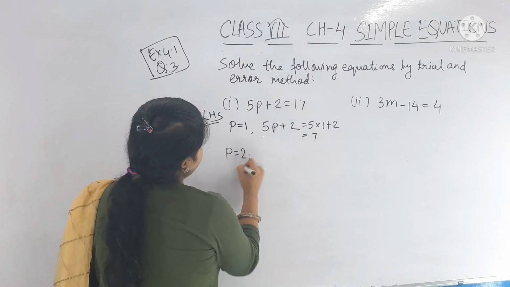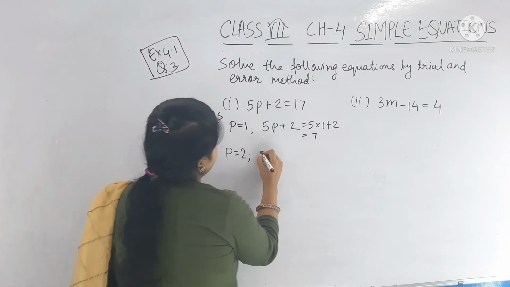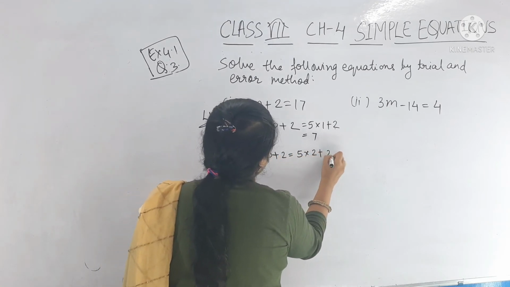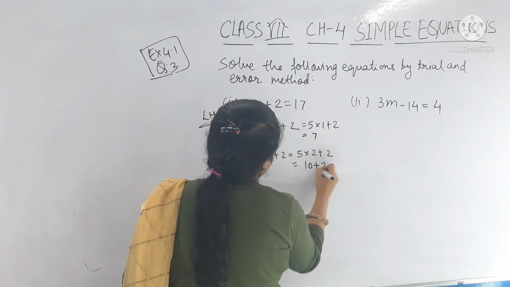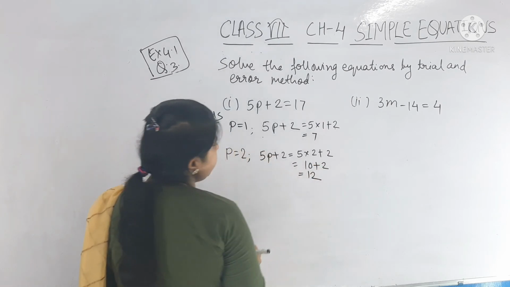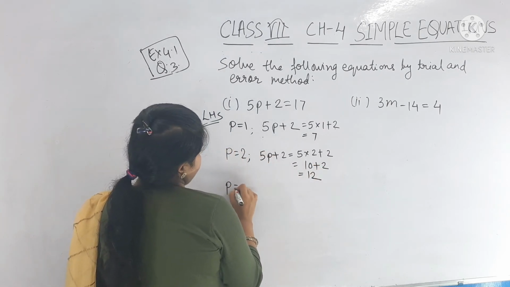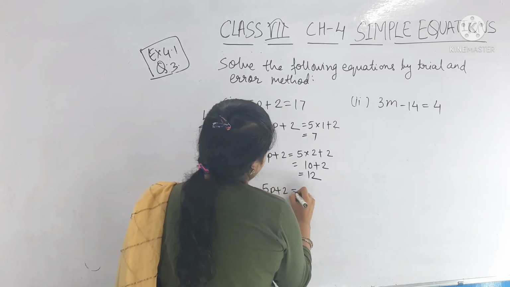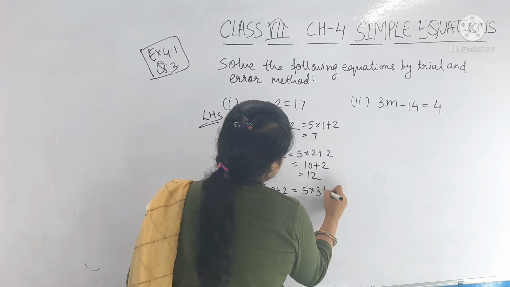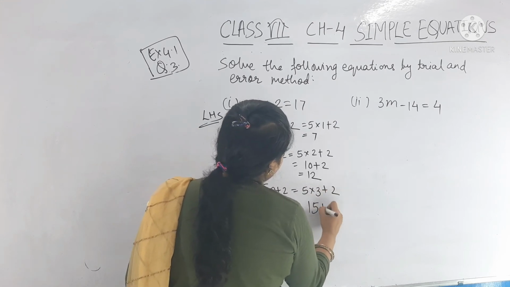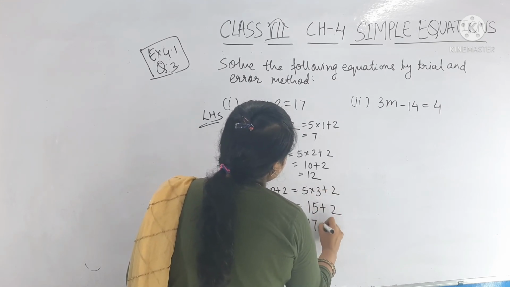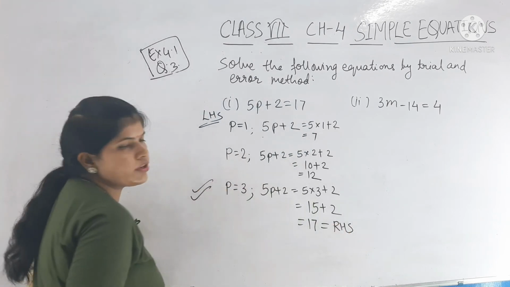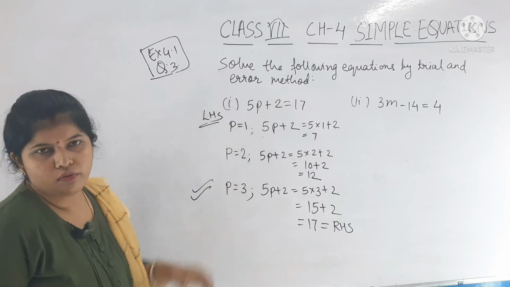Now come to p equal to 2. 5p plus 2, that is 5 into 2 plus 2, that is 10 plus 2, that is equal to 12. Not equal to 17. Then p equal to 3. 5p plus 2 equal to 5 into 3 plus 2, 15 plus 2, that is equal to 17, that is equal to RHS. So this is the solution for this equation.